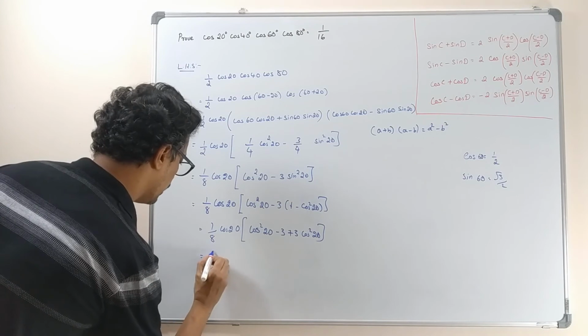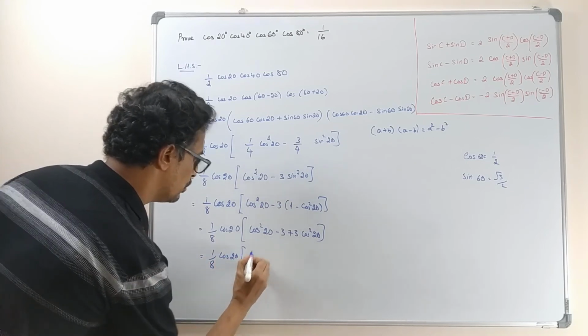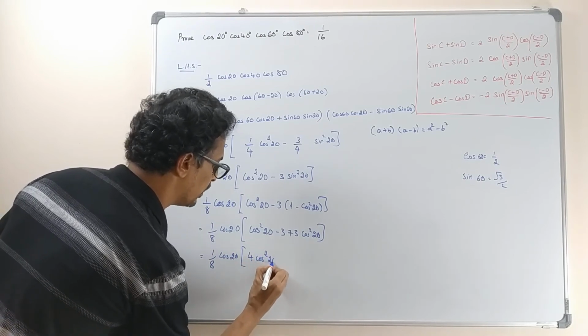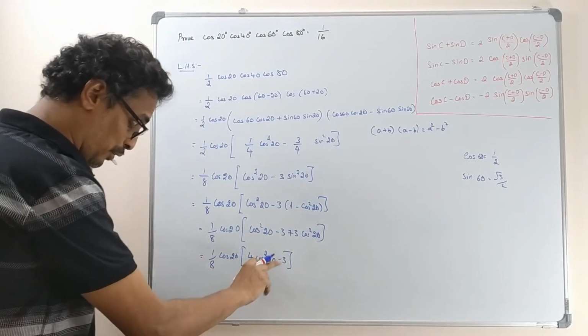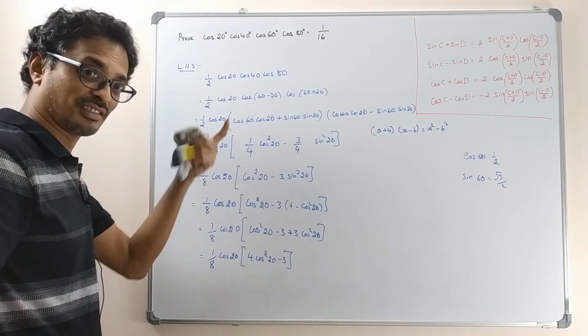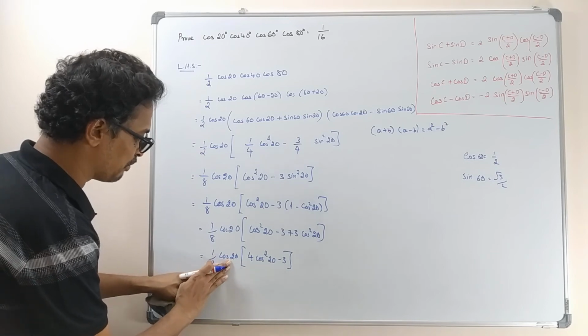So this will be 1 by 8 into cos 20 into 4 cos square 20 minus 3. So the moment you get 4 and 3, if you remember, it's usually the cos 3 theta formula. Okay? So let me try to multiply this inside.